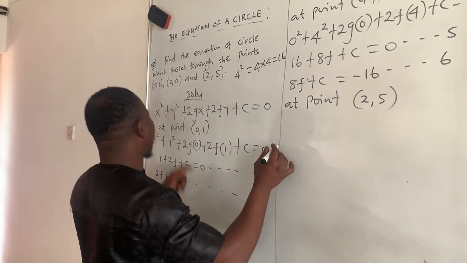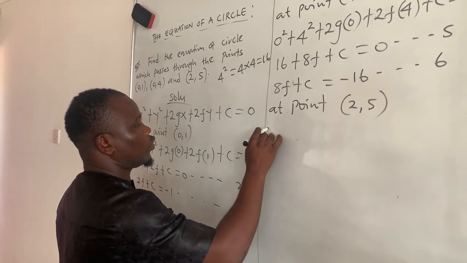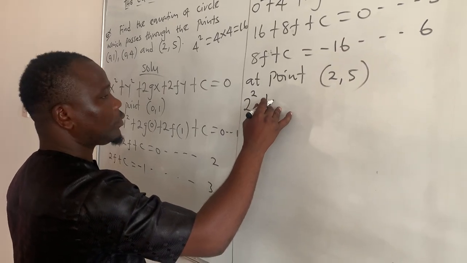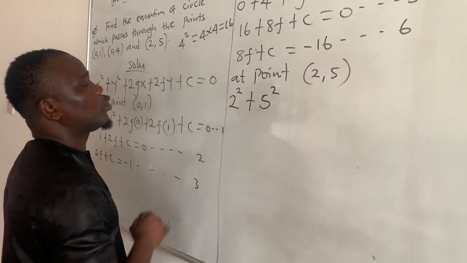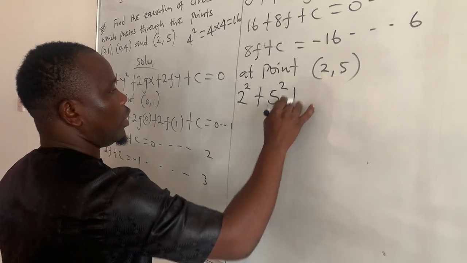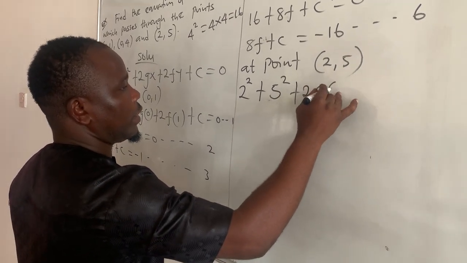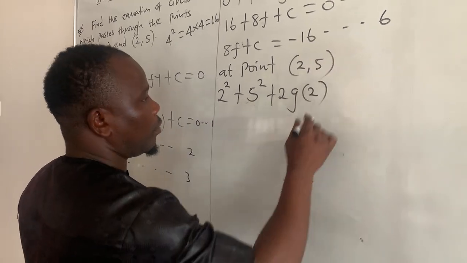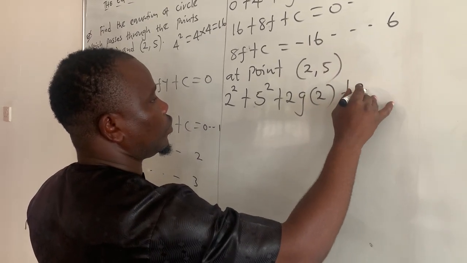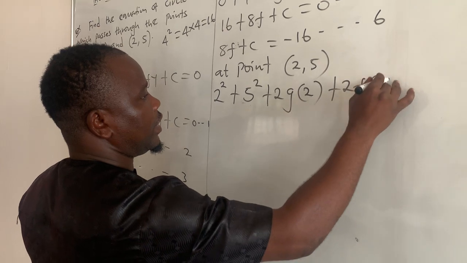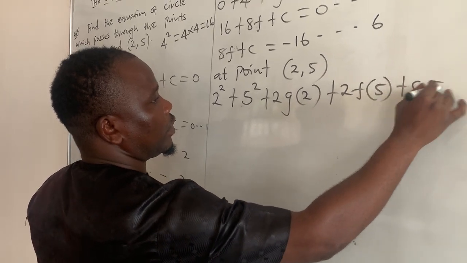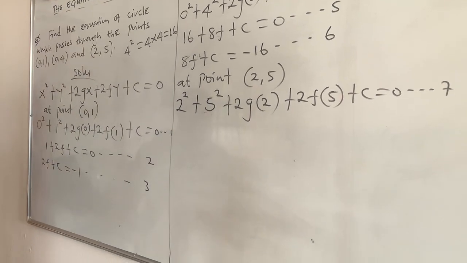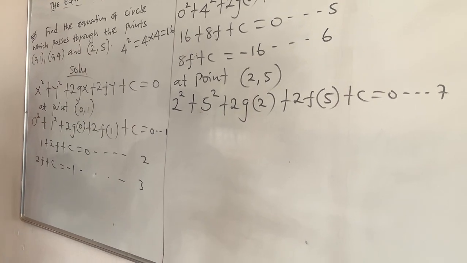So instead of x, we are going to write 2 raised to the power of 2 plus 5 raised to the power of 2 plus 2g, our x is 2, plus 2f, our y is 5, plus c equals to 0. We can name this one equation 7.